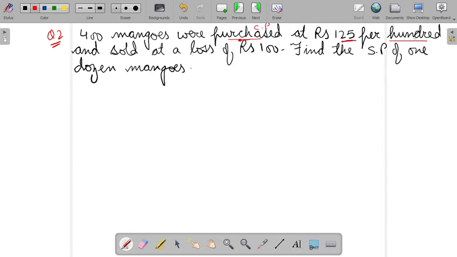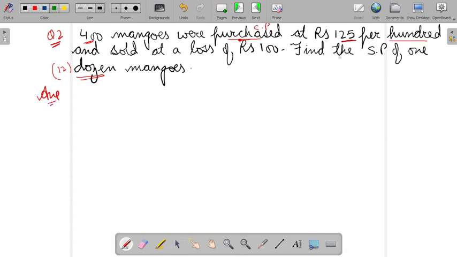Per 100 means the cost price of 100 mangoes would be 125. And how many has he purchased? 400. And sold at a loss of 100 rupees. Find the selling price of 1 dozen. 1 dozen means 12 mangoes. You have to find out the selling price of 12 mangoes. So let's go for the question.